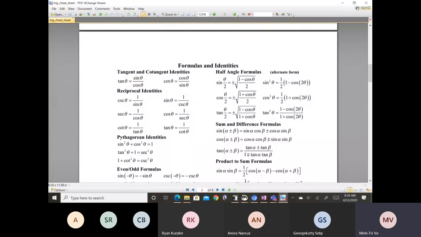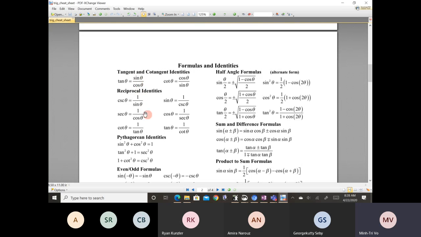In terms of how they're used, typically when we're working with identities, most of the time we want to reduce everything in terms of sine and cosine, because those are the two main trig functions.